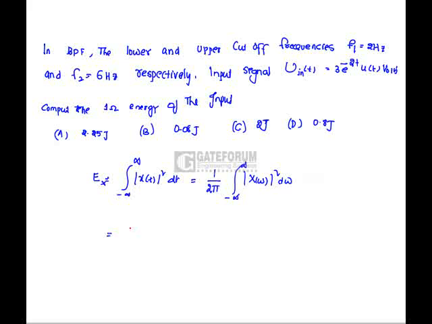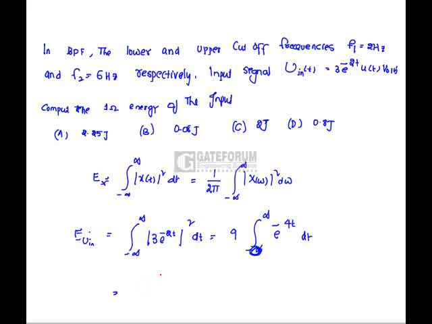Here, the energy of the input is found by the integral of 3 e power minus 2t whole square dt, so 9 times the integral of e power minus 4t dt. The signal exists from 0 to infinity because it is multiplied by a right-handed signal, that is u of t, which exists from 0 to infinity. From minus infinity to 0, the value of u of t is 0, hence the integral is 0.